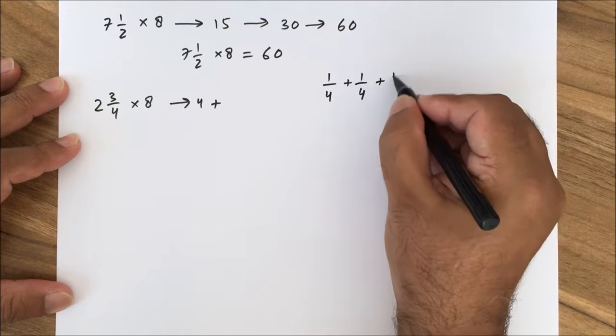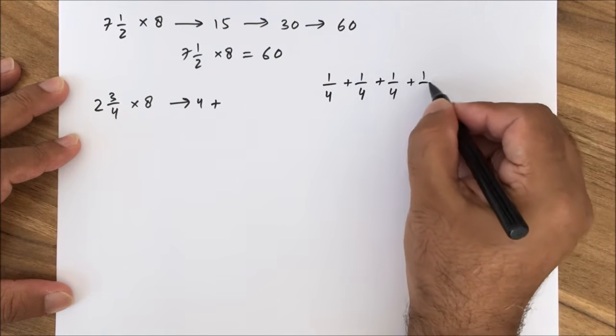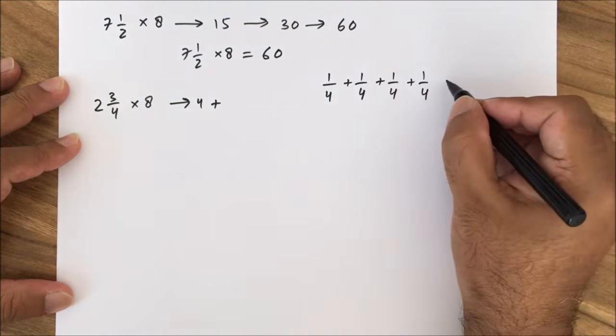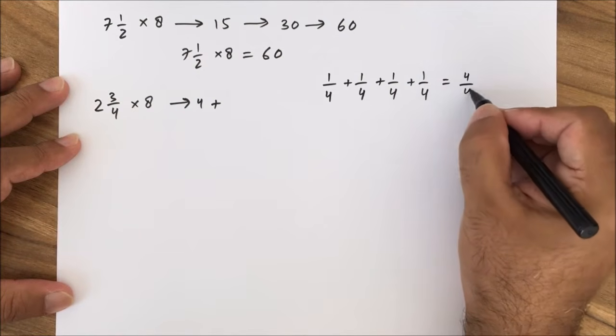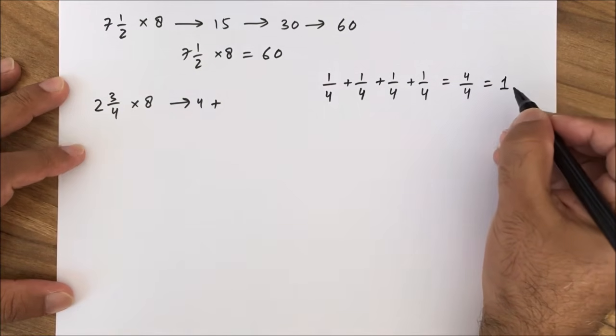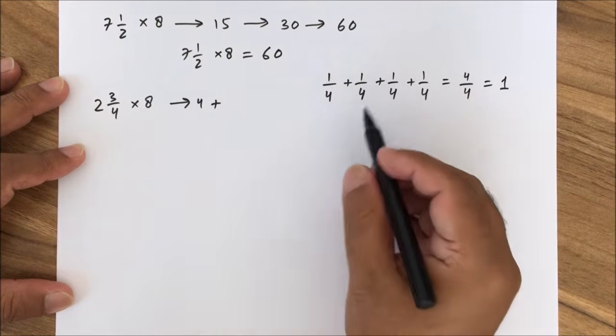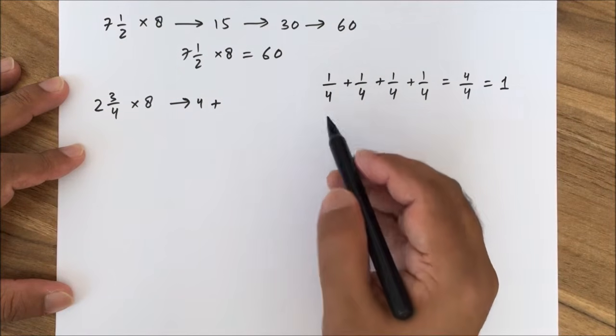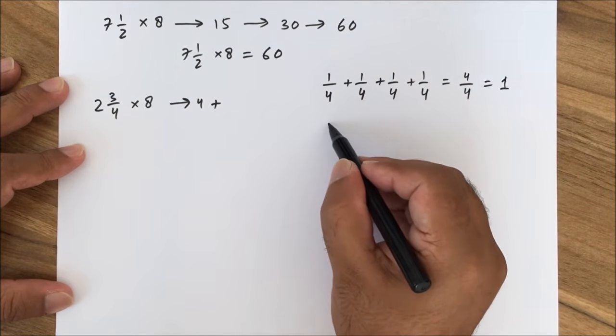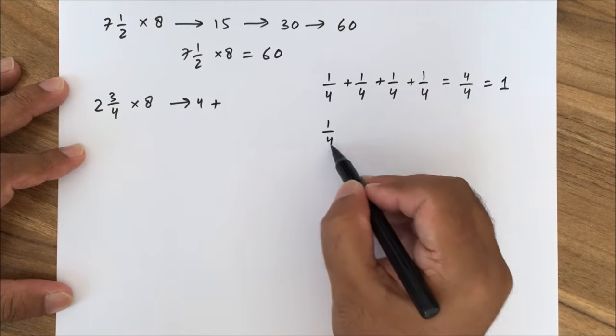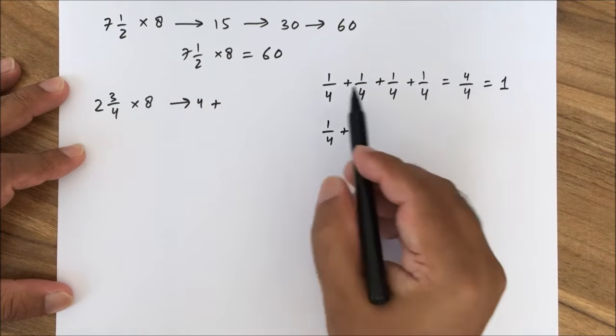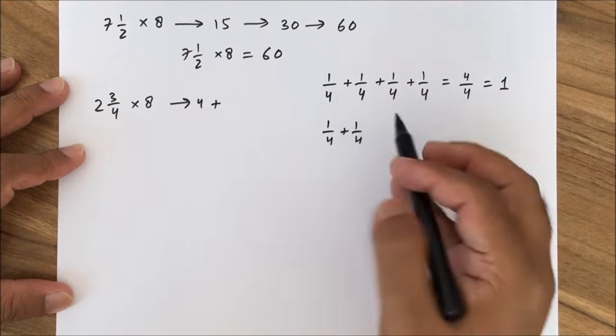If I take 1/4 and add it by itself 4 times, I will get 4/4, right? That is equal to 1. So we have 3/4 right now, and double of 3/4 is 6/4. So 1, 2, 3, 4, 5, 6.